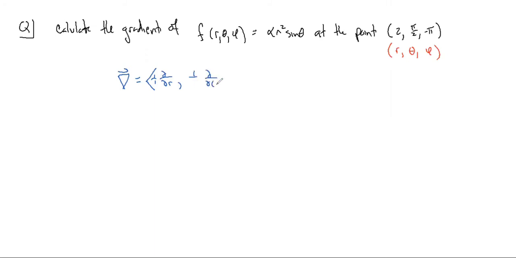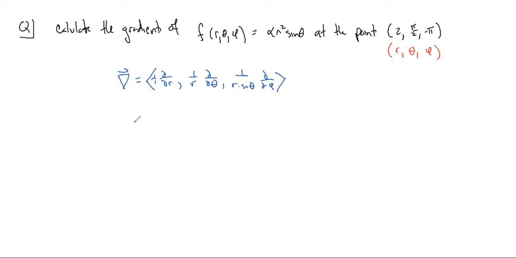Yep, 1 over r. So I have the scale factor 1 over r, and then d by d theta. And then the last one, the d by d phi, would have its scale factor, so 1 over r sine theta.